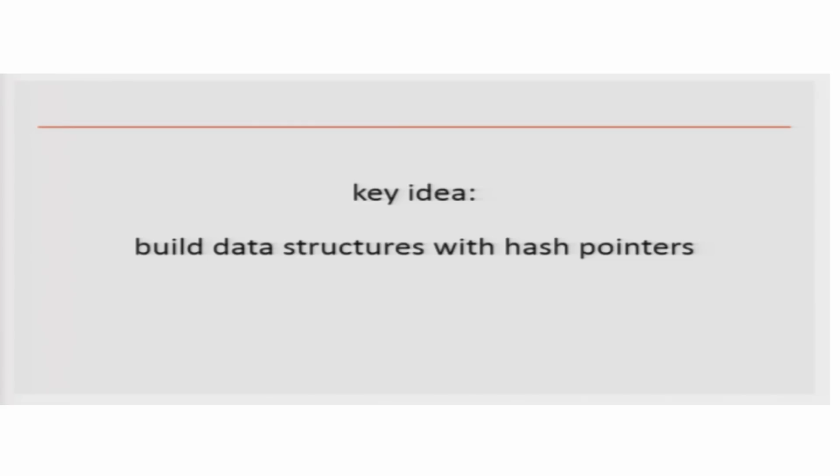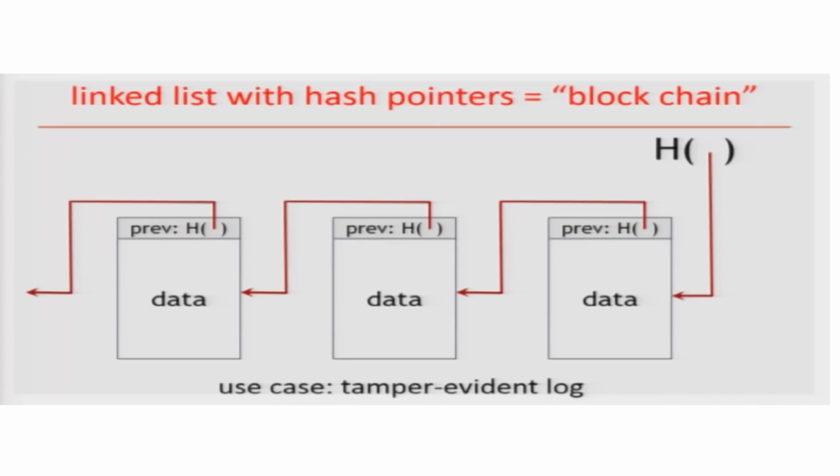So, how do you build data structures with hash pointers? Suppose you want to create a list of blocks and you want that, like a linked list, every block should be pointed to by the next block. So, what you do is you take the data and keep a part of the data space for the hash of the previous block.